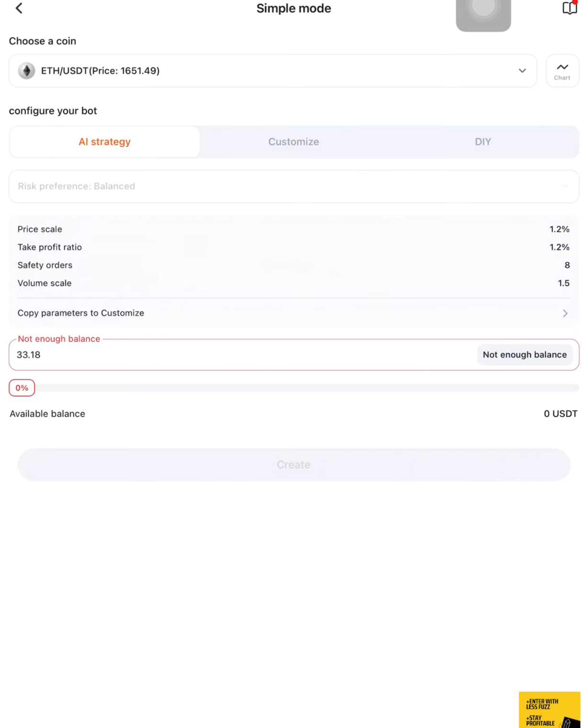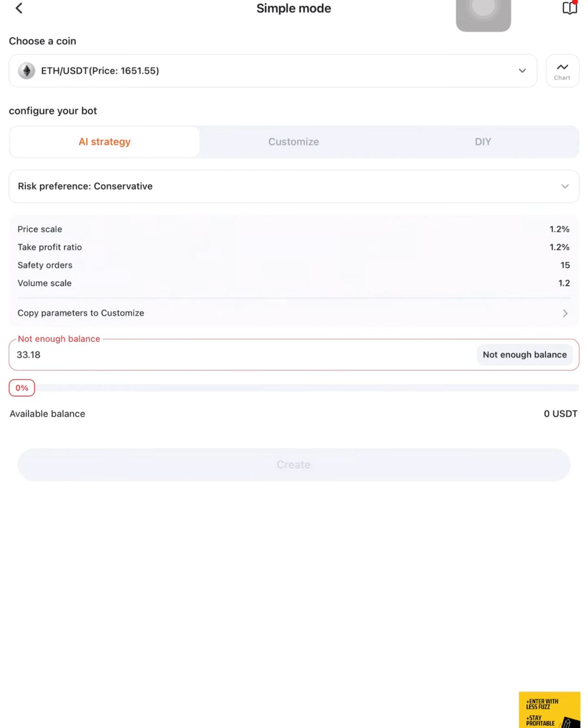That's why in the conservative mode, you have 15 safety orders. If you do the math, 1.2 into 15 is quite a large number, roughly around 18%. So you can allow the price to drop up to 18%. But the volume scale is 1.2.